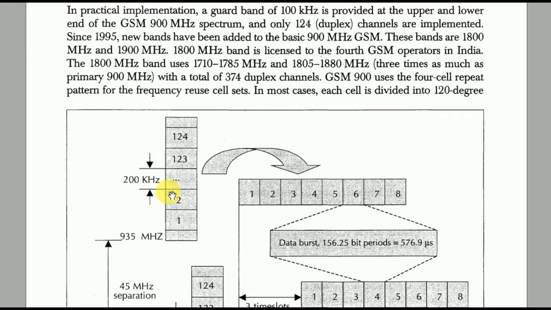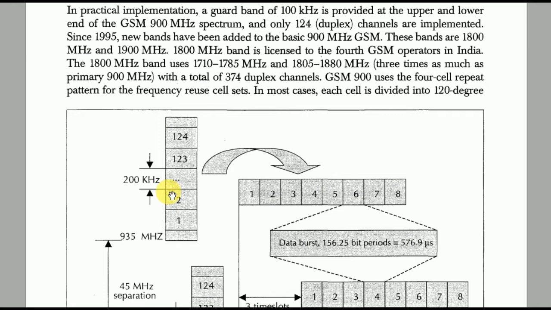Each way, the bandwidth for the GSM system is 25 megahertz. So each range of frequency, uplink and downlink, has 25 megahertz bandwidth.